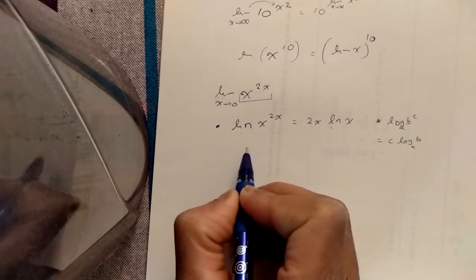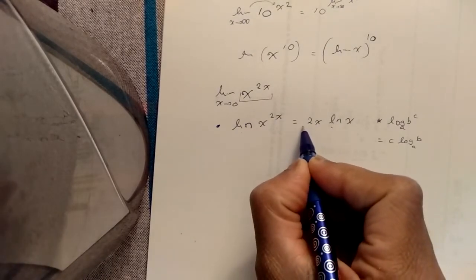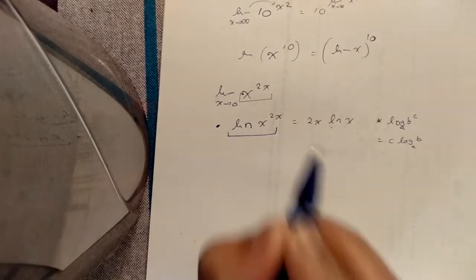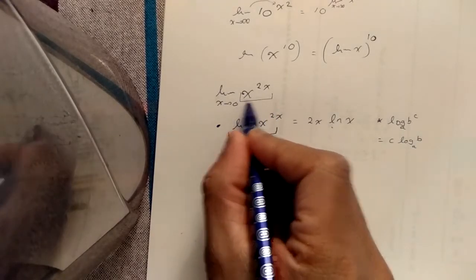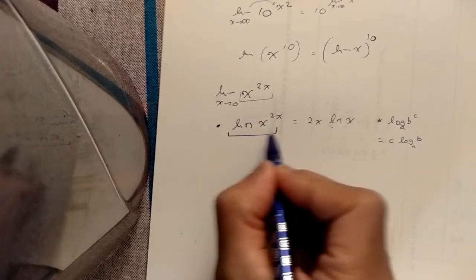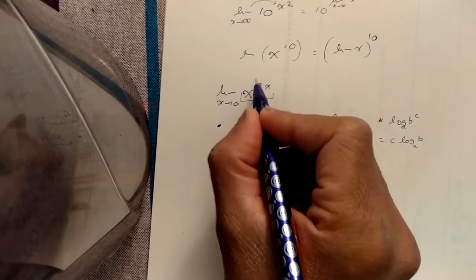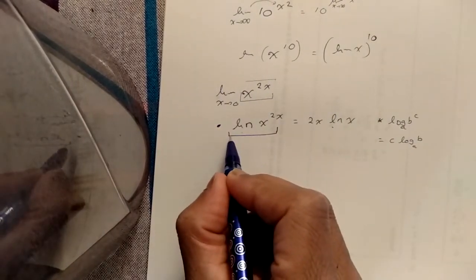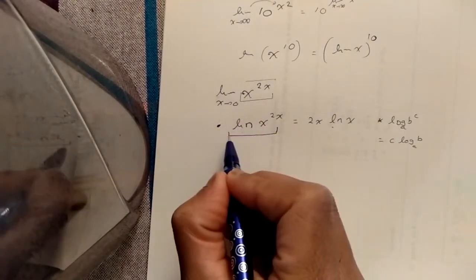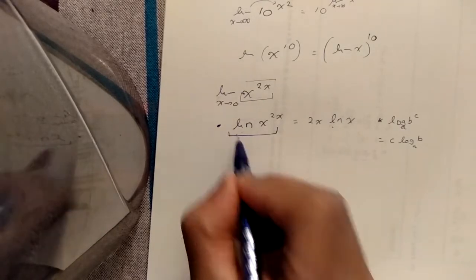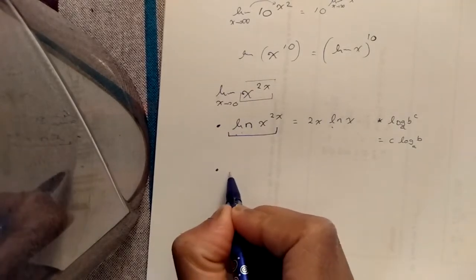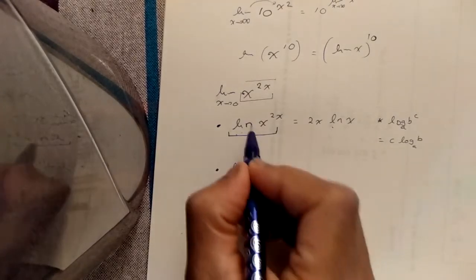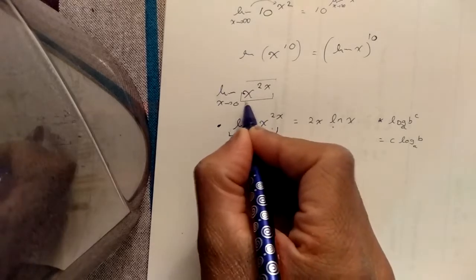Then we can try to compute the limit of this term. Now keep in mind that this is not equal to the original limit. The original problem was this one, and we just computed the logarithm, and now we are trying to find the limit of this new problem. But keep in mind that this is not equal to this one.